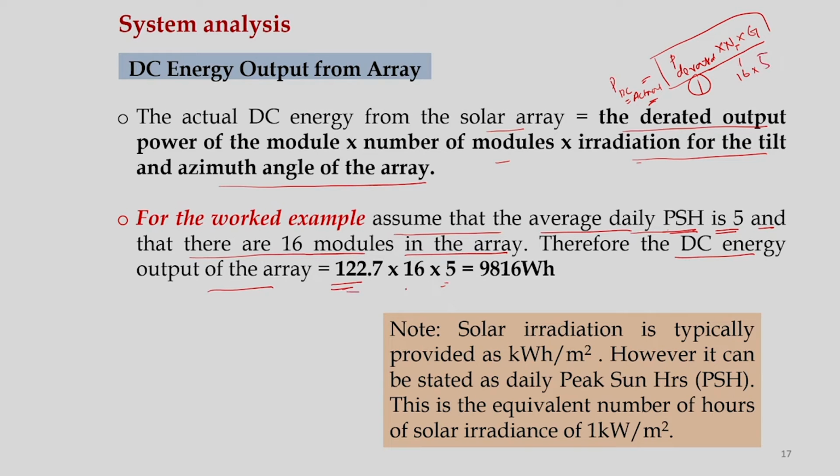So it will be 9816 watt hour. We will see what is Z. This solar irradiation is typically provided as kilowatt hour per meter square. It can also be stated as peak sun hours, which is the equivalent number of hours of solar radiation of 1 kilowatt per meter square. That is why we have multiplied with 5. So it will be 9816 watt hour. This is important.